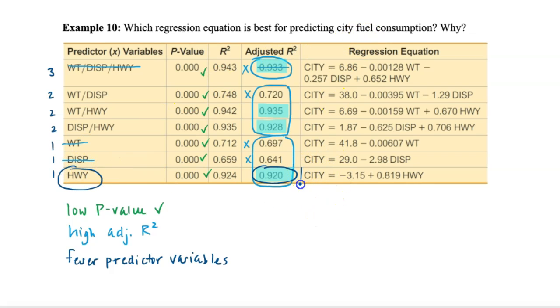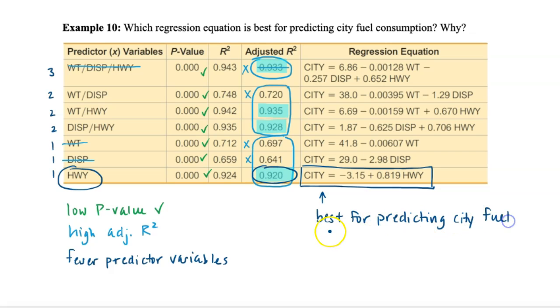And so this equation is the best for predicting city fuel consumption. And for these 3 reasons, it's got a low p-value, a high adjusted R squared value, and fewer predictor variables. And so that is all there is to it.